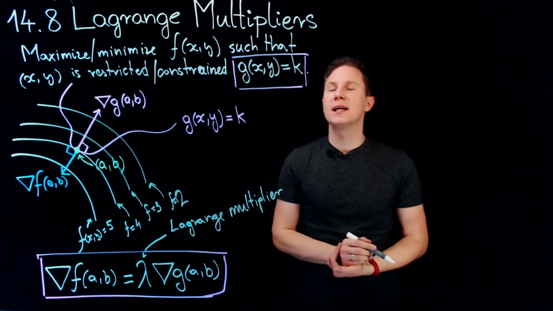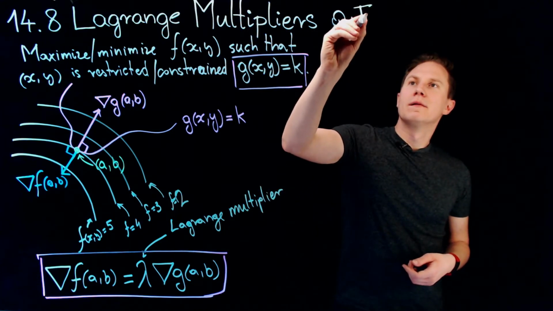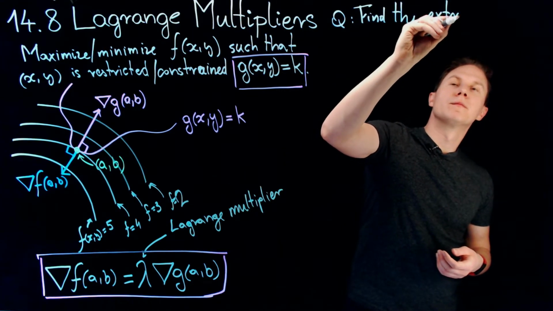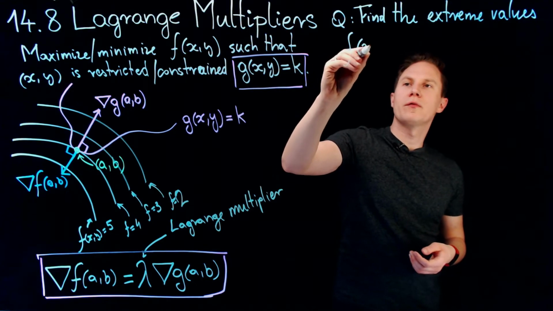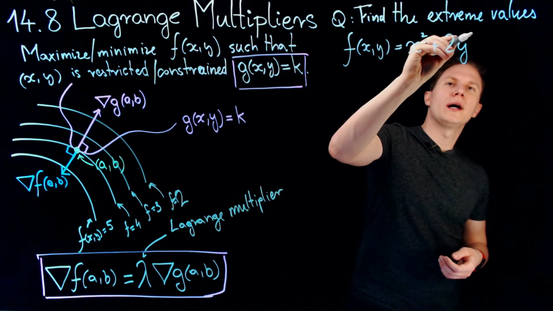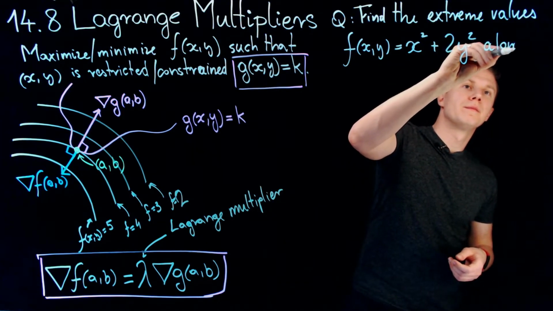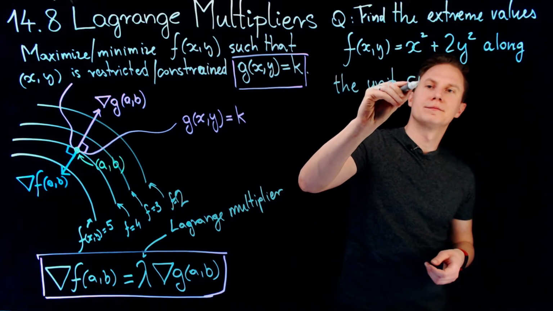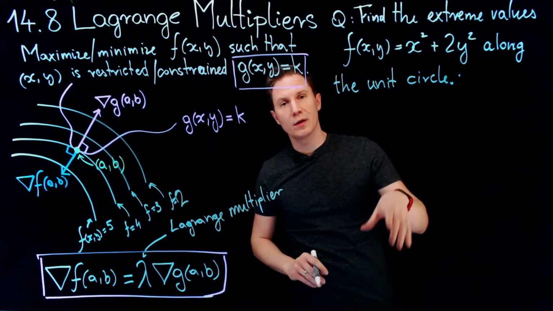Let me show you an example in the form of a question. Let's find the extreme maximum or minimum values of the function f of x and y, that is x squared plus 2y squared, along the unit circle, which is the circle of radius 1 centered at the origin.